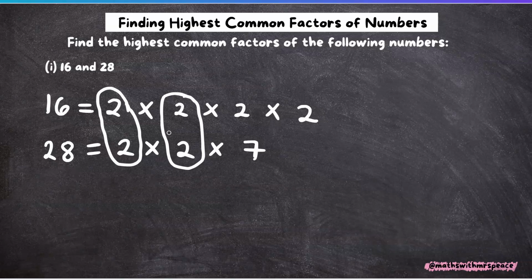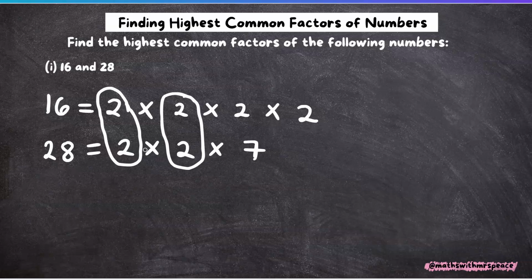So this pair of factors match. As you can see, we've got 2 times 2 here, but we don't have any more 2's down here. We also have 7 here, but we don't have any 7 in the first line, so we're not going to be taking any of that. We'll only take factors that we can match for 2 or more numbers when finding their HCF using this method.